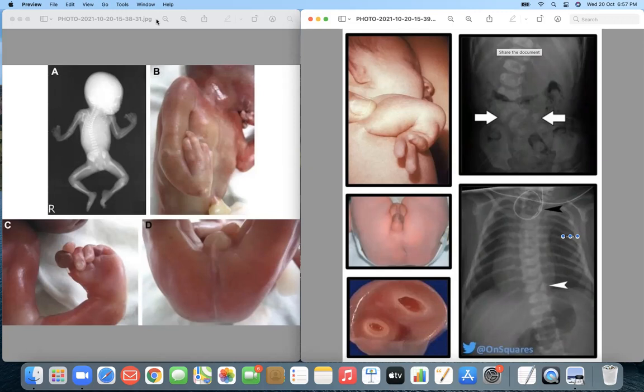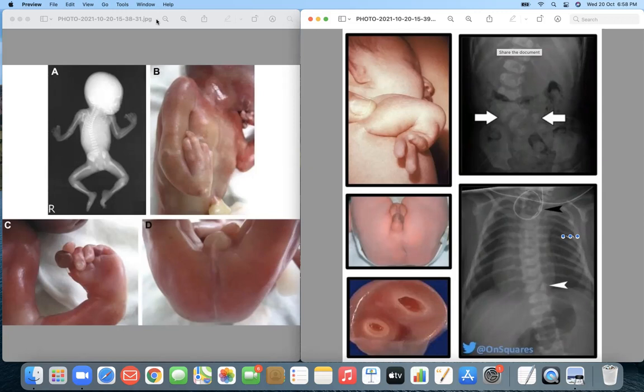VACTERL is a diagnosis of exclusion and is completely a clinical diagnosis, so at least 3 features should be there: vertebral anomalies, anal anomalies, cardiac anomalies, tracheoesophageal fistula, renal and limb anomalies. If 3 features are there, we can label it as VACTERL association.